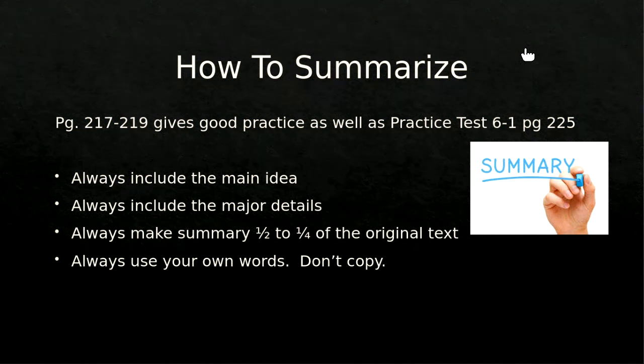Oh yeah, that's page 217. Look at page 217, exercise 6-6. Do you see number 5 at the bottom? It says, after reading the following paragraph, select the choice that best summarizes each one.